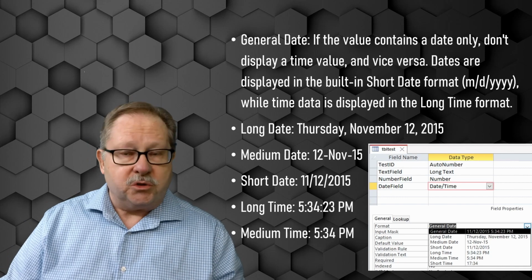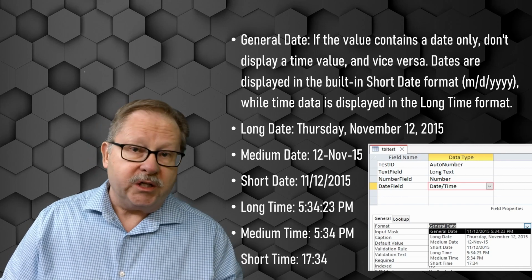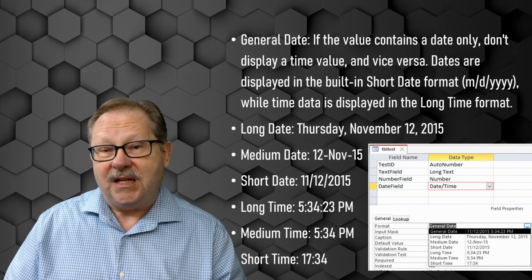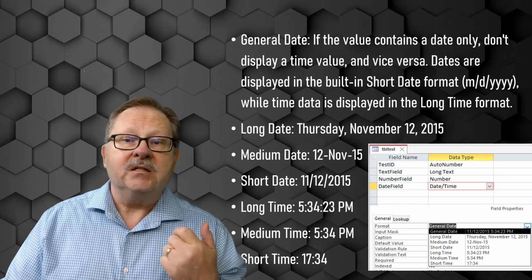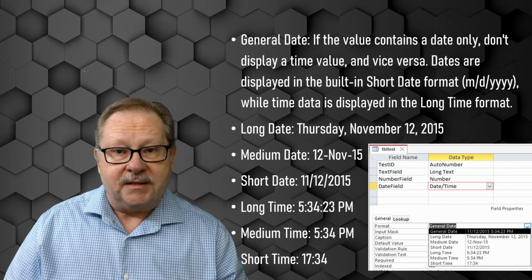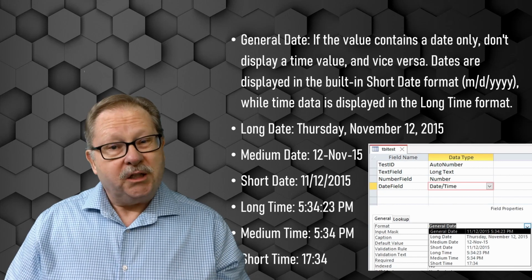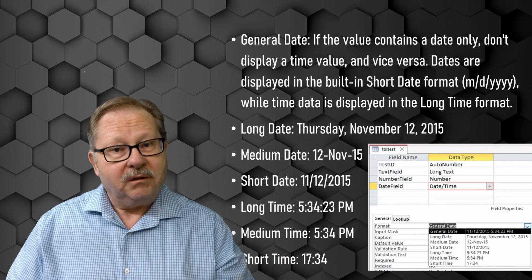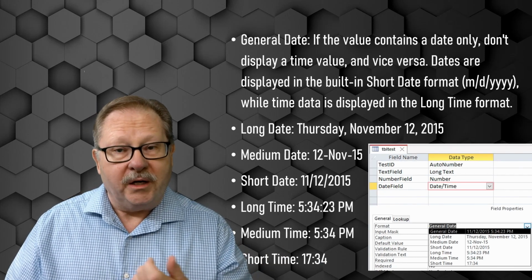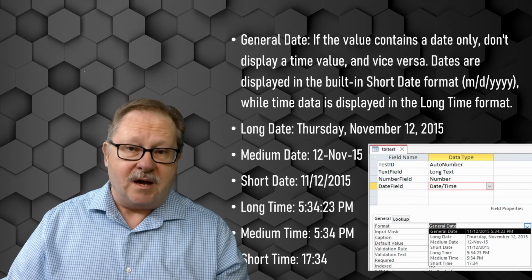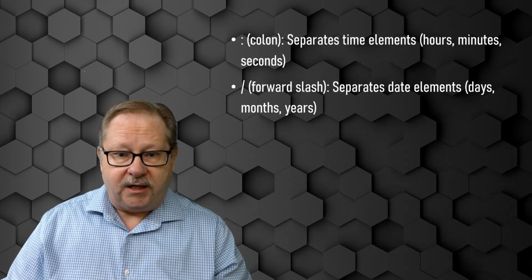It is also a 12-hour format. Now, the short time, you notice that says 1734, is the 24-hour format. But what if you want a long date and you don't want an AM/PM, you want it in military or 24-hour time? We'll show you how to get there, okay?